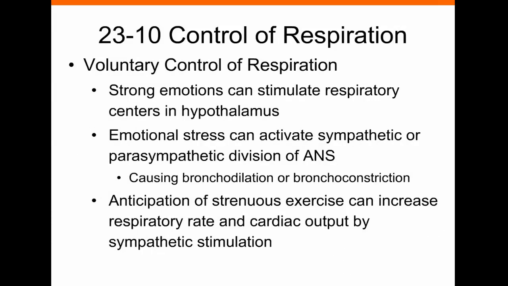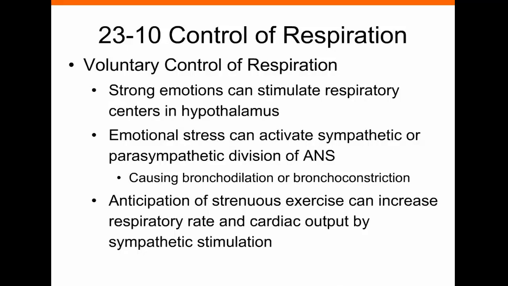So the voluntary control of respiration: strong emotions can stimulate respiratory centers in the hypothalamus. So a shock or excessive happiness or sadness, so emotional stress, can activate the sympathetic or the parasympathetic divisions of the autonomic nervous system, and this can result in bronchodilation or bronchoconstriction.